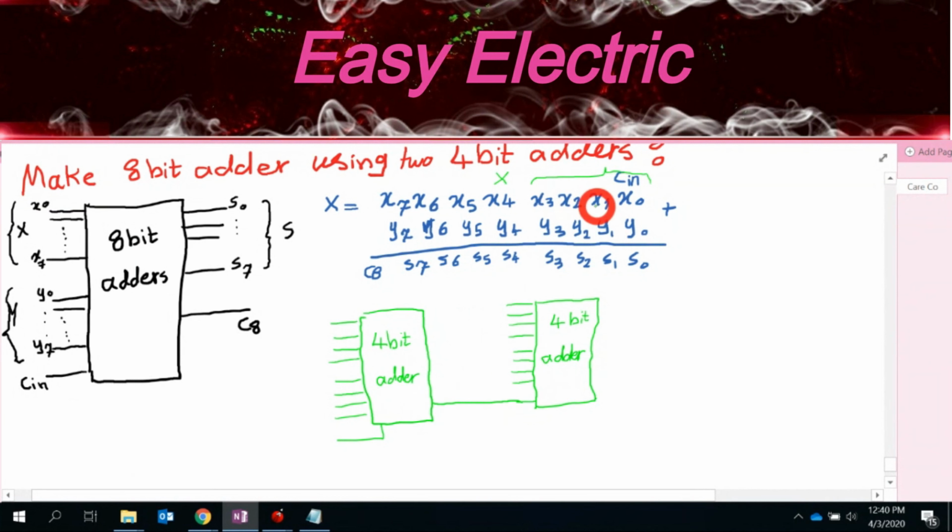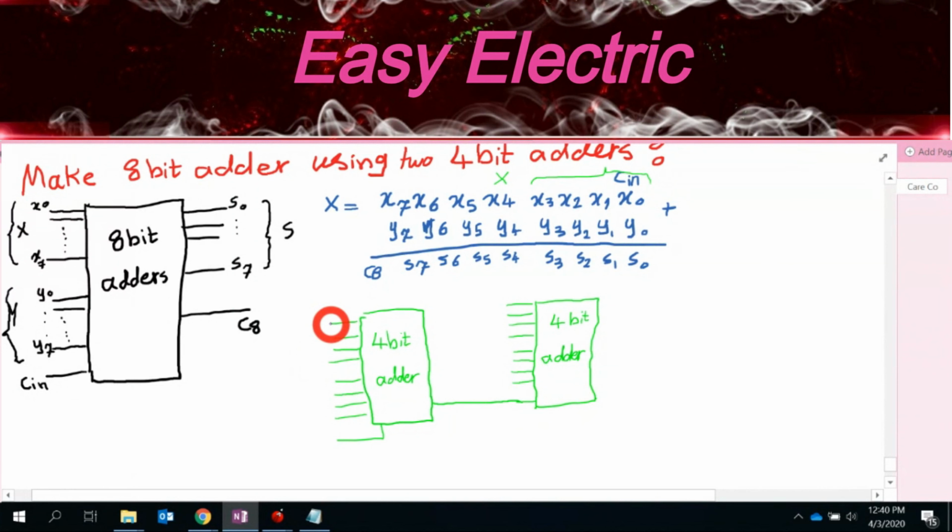Because whenever you add this with this, whatever you get as a C4 actually comes here, which you consider as a C in for the second 4-bit adder. So based off that, you tell me which inputs I need to put here. Tell me their label. What should be this? Type it on the chat box.